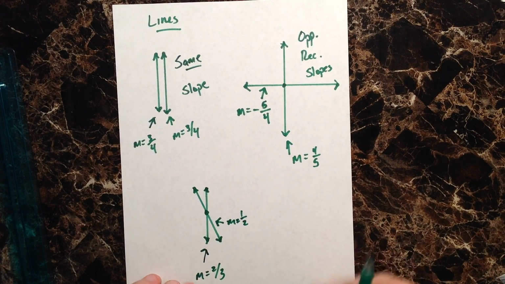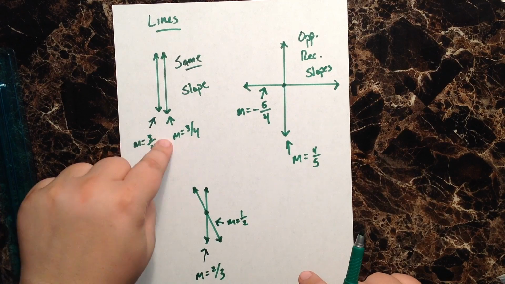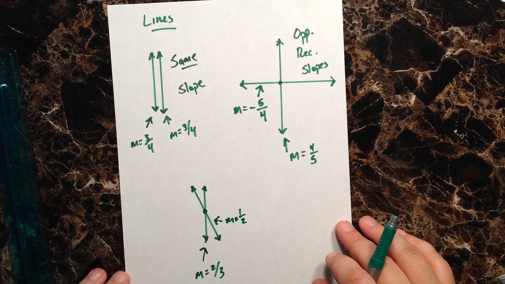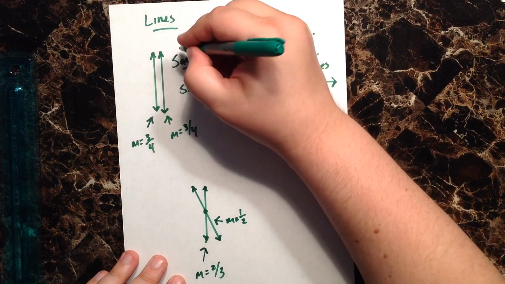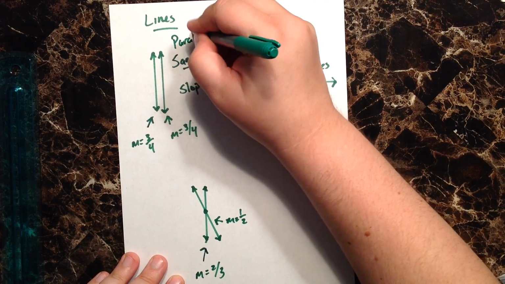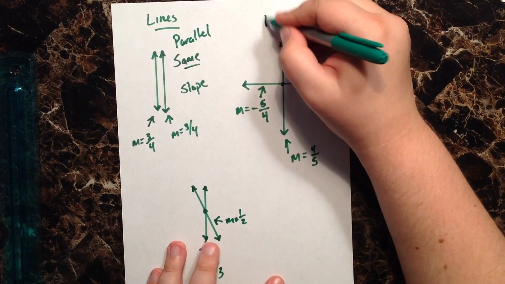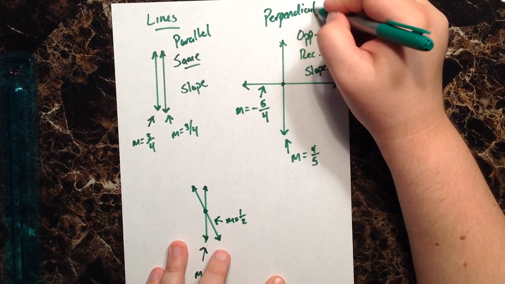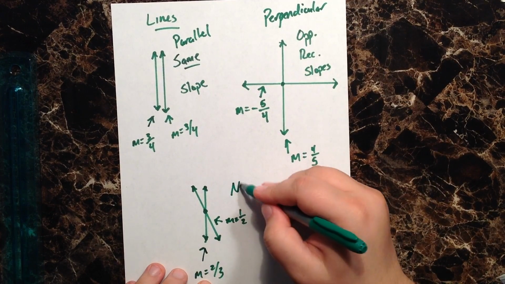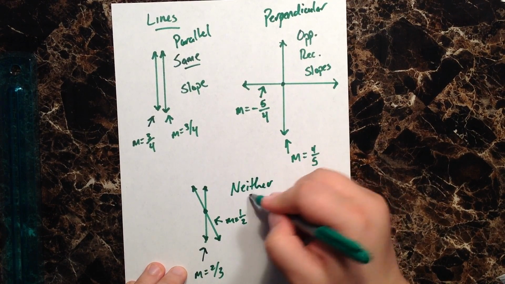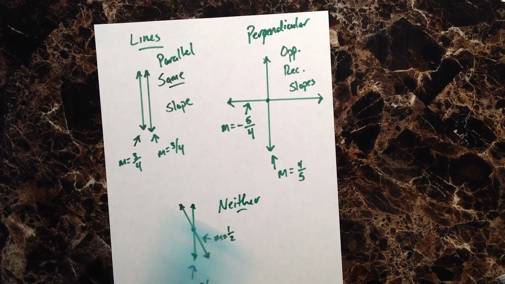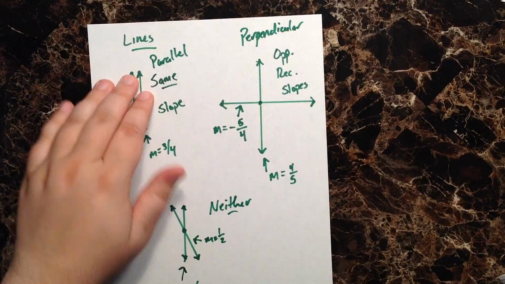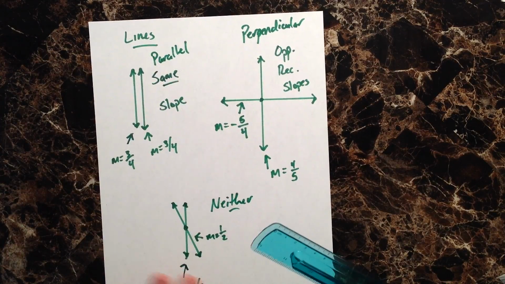So long as the slopes are not the same and they're not opposite reciprocals, they are neither. All right, let me go ahead and label this. So these are parallel, perpendicular, and neither.